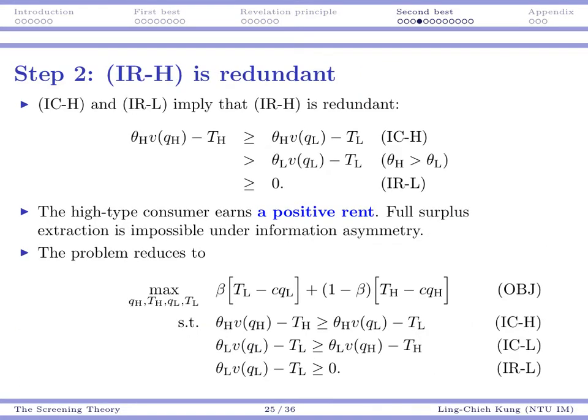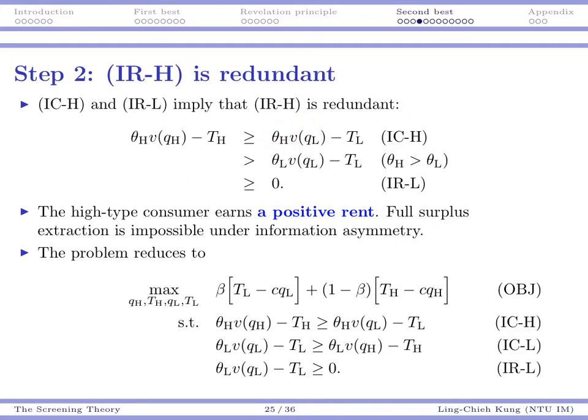Now, consider the following. I can combine ICH and IRL to imply that one of the constraints, IRH, is redundant. So what's that? First, we can see that my ICH constraint says this: the high type consumer should prefer the high contract to the low contract. And then from here to here, it's simply an application of theta h being greater than theta l, since V is positive.